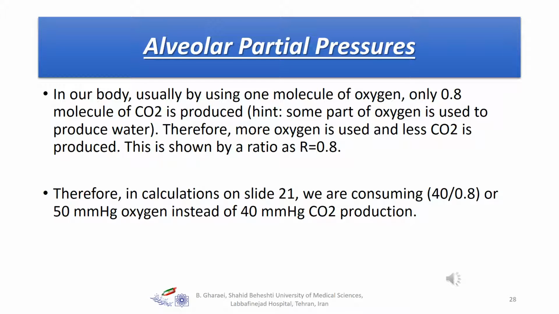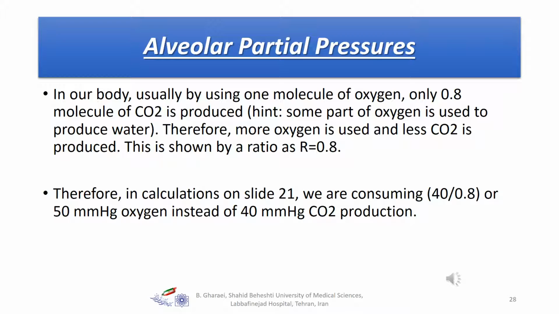As you saw in our previous example, we said that we are burning paper. When we burn paper, for production of each molecule of carbon dioxide, we should use one molecule of oxygen. But it is not the same in our body.